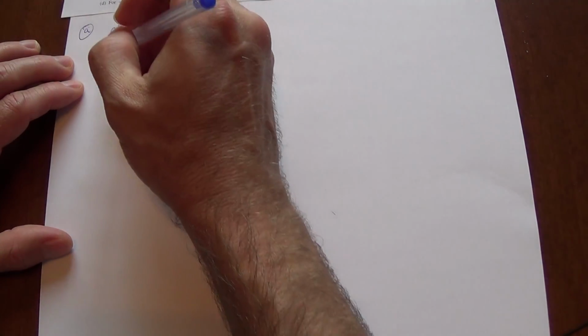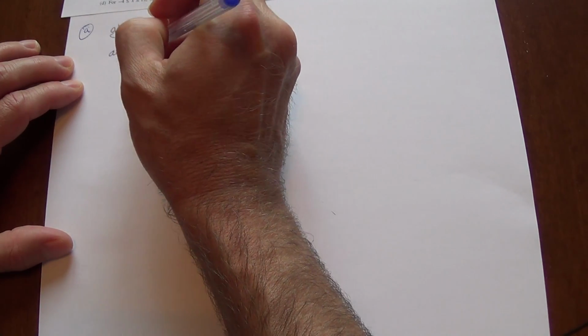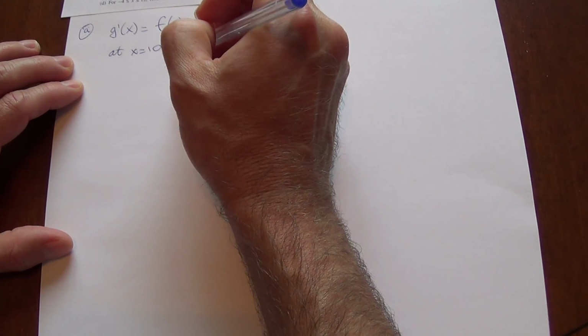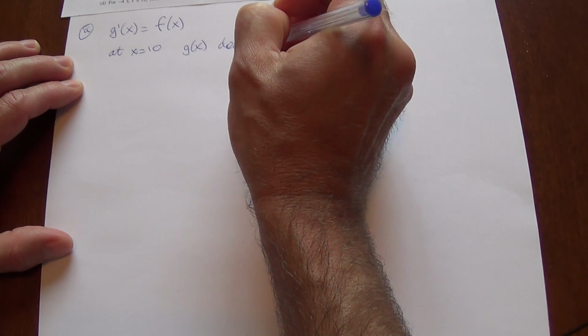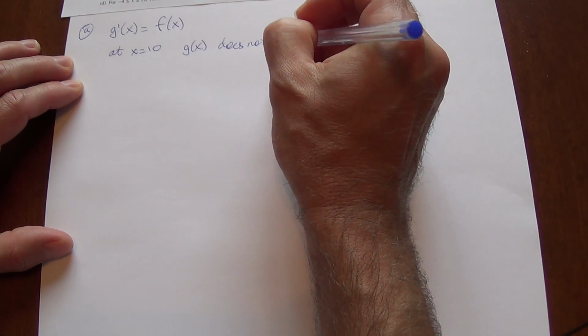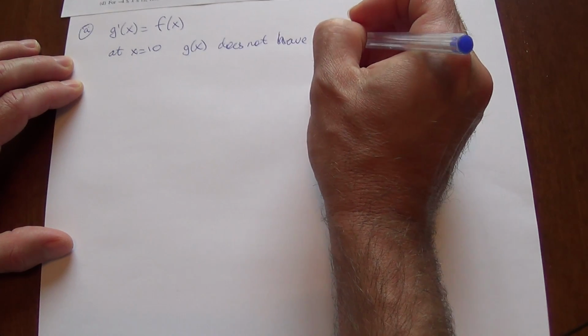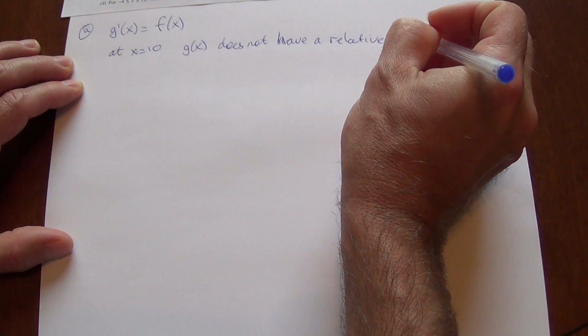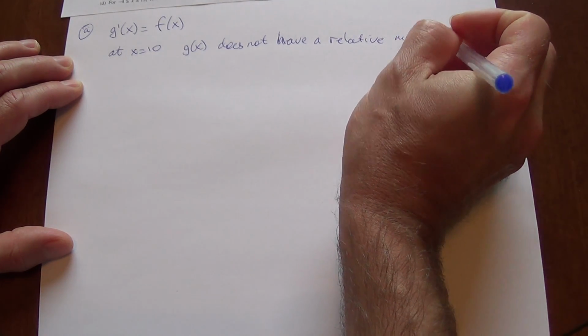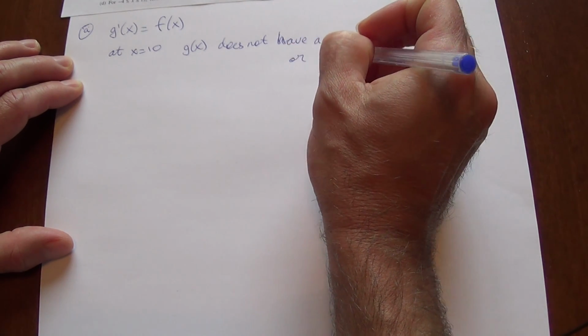So we can write at x equals 10, g of x does not have a relative minimum or a relative maximum.